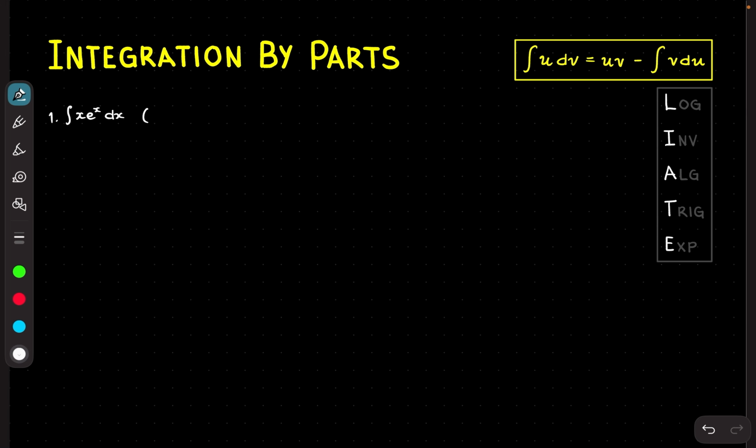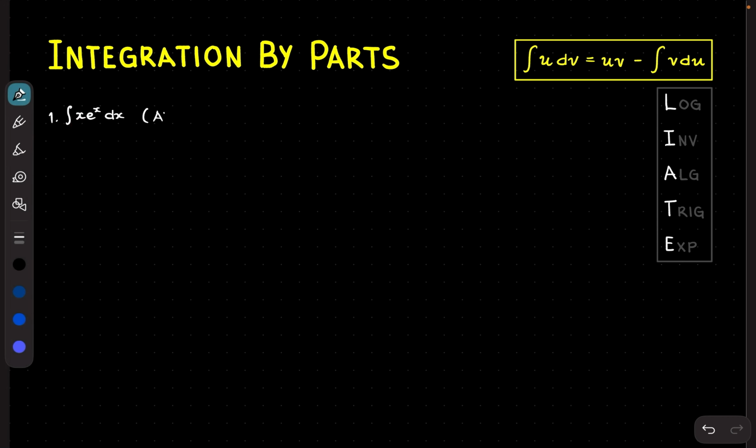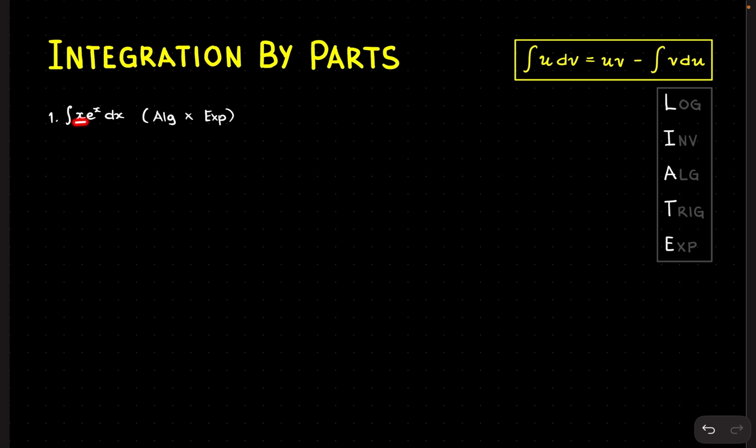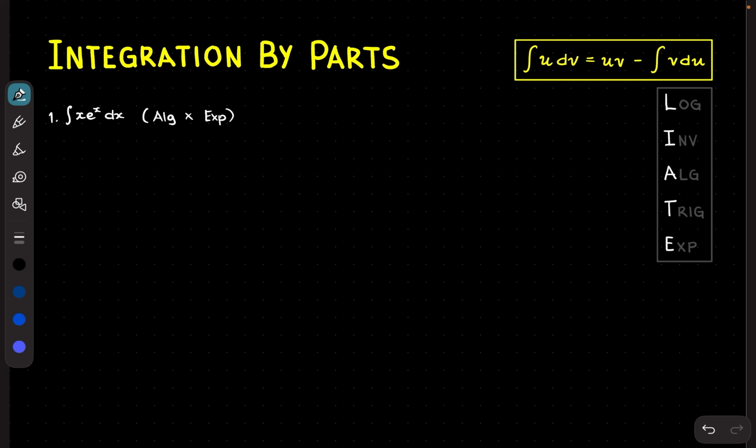First, notice that this expression is a product of an algebraic term and an exponential term. Algebraic for x, exponential for e raised to x. So by LIATE, our choice of u must be x, because algebraic is higher in the LIATE order.